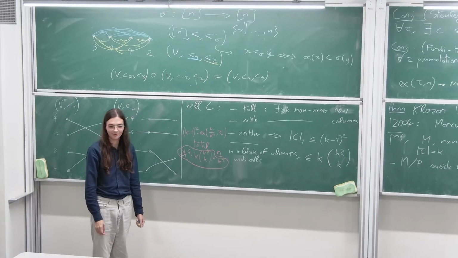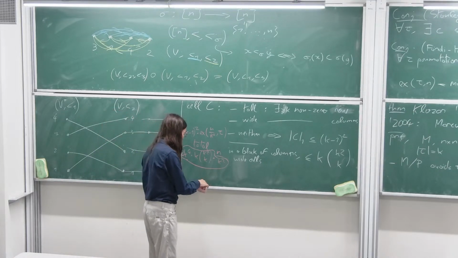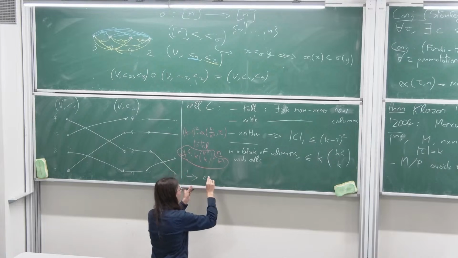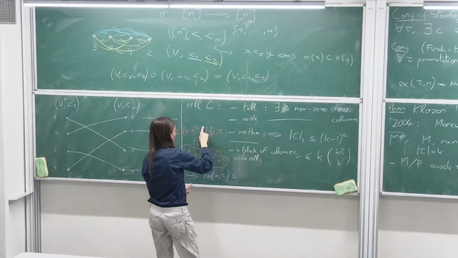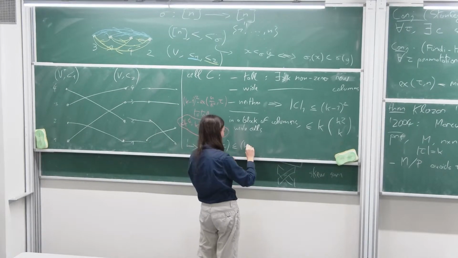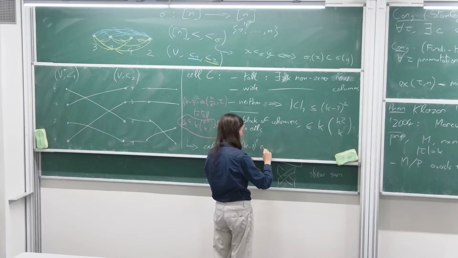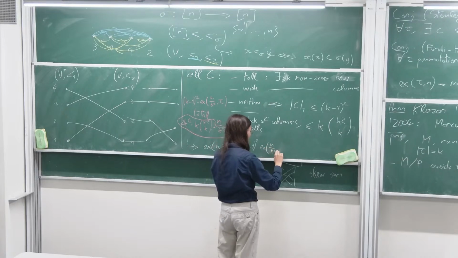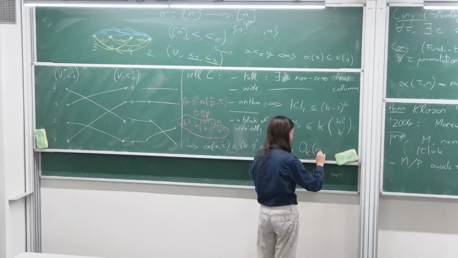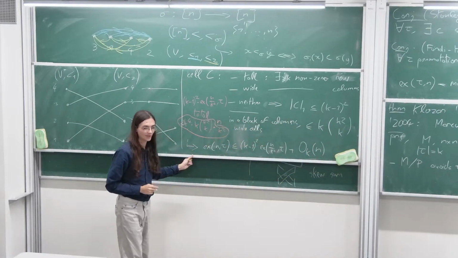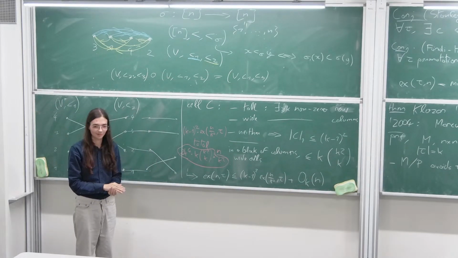This is disgusting, but it's just something which depends only on k. I don't care about it. So in the end, the extremal function is bounded by this thing, which was the important part, which is linear, plus some function of k times n. So this is linear. That's the proof of Marcus-Tardos.